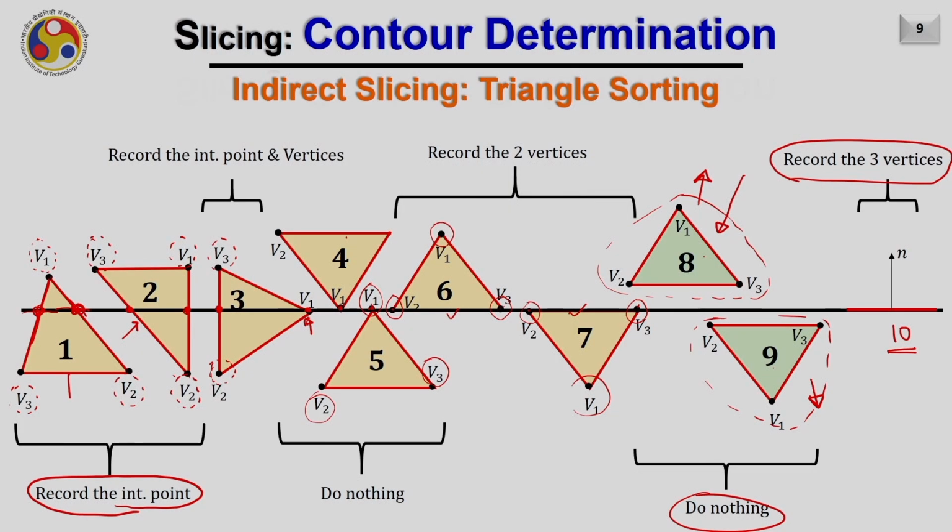Also, it is very easy to write the code for all these 10 cases. For example, for case 1, you just have to find the triangles that fulfill the relationship, like if V1 is greater than Zi and V3 is less than Zi and V2 is also less than Zi.